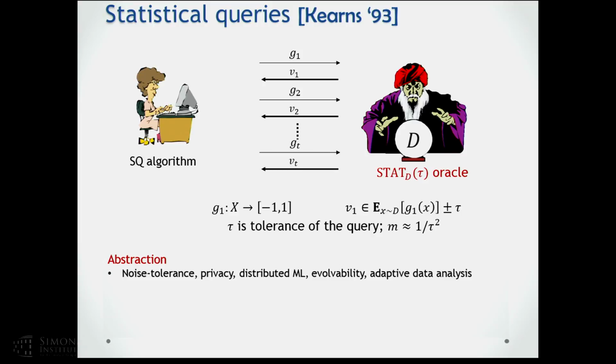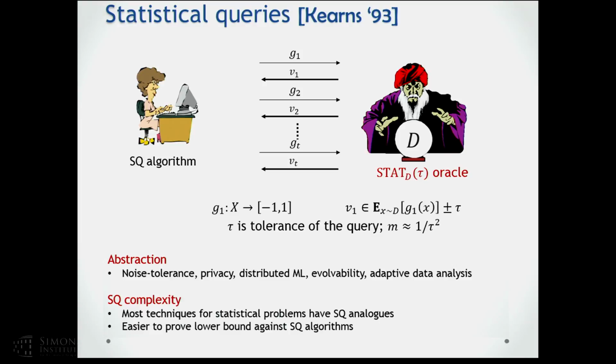The other reason for the study of this model is some interesting properties of the statistical query complexity, which is the complexity of solving problems in this model. So the first property of this notion is that most techniques which are used for solving these various statistical problems have analogs that can be implemented in this model. So it's a very powerful notion of complexity.